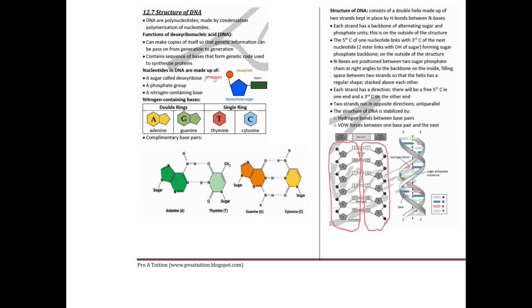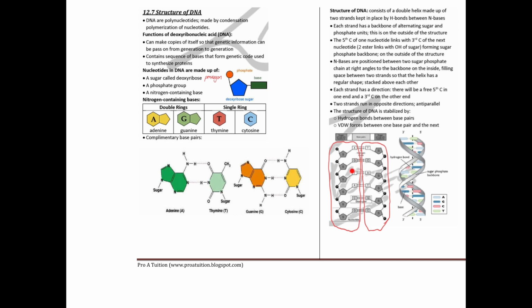They don't simply pair up. If you have base adenine, you have to pair up with thymine, A and T. That's one pair. If you have guanine, you have to pair up with cytosine.